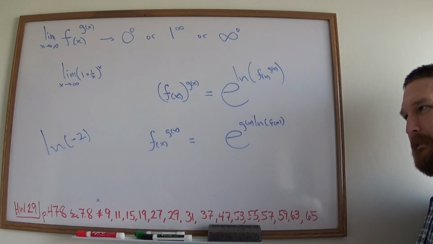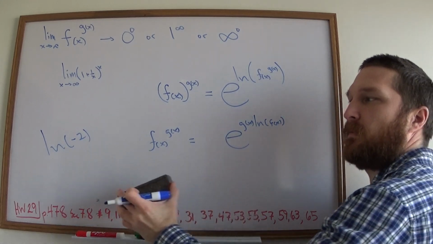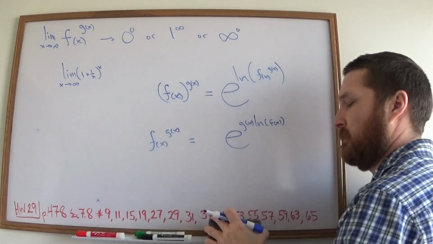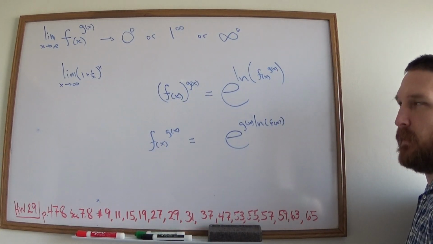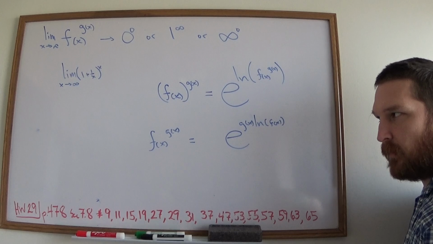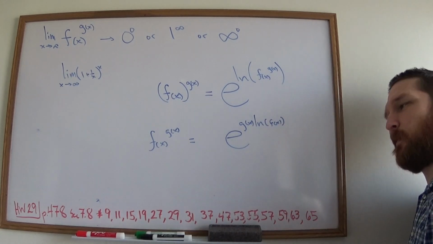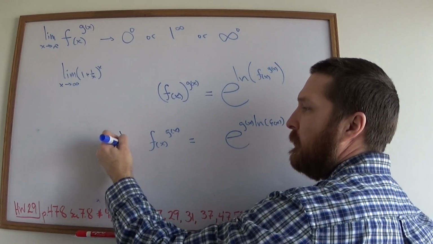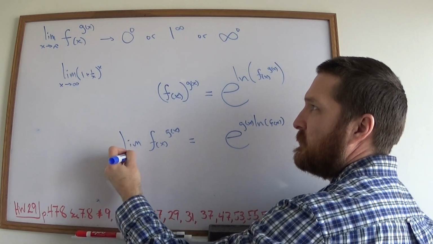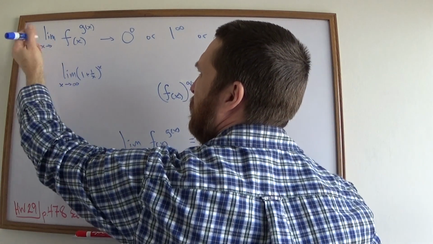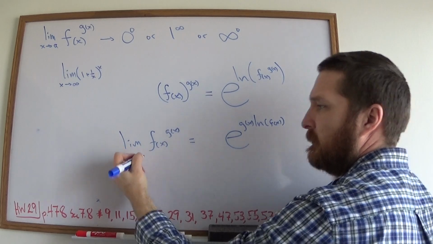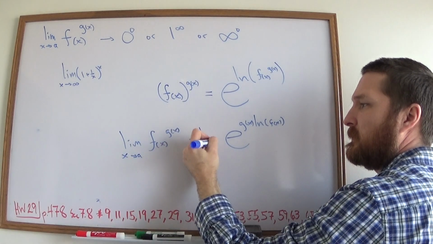It actually works, you could do it with complex numbers. It turns out you can put negative numbers into log and this still works. So the limit as x goes to a, it could be anything, is the same as this.